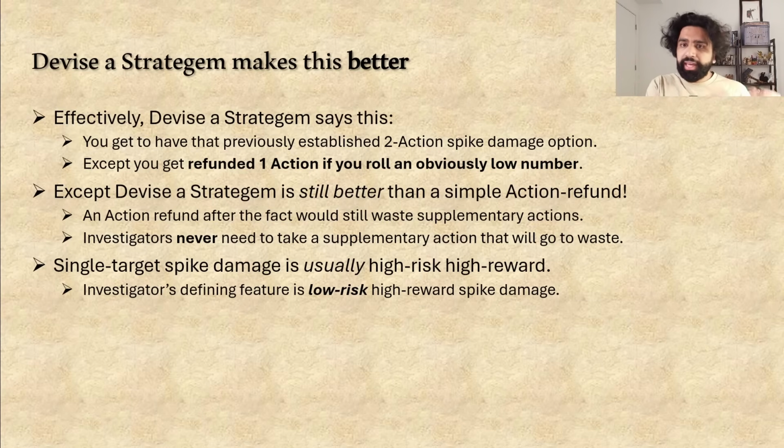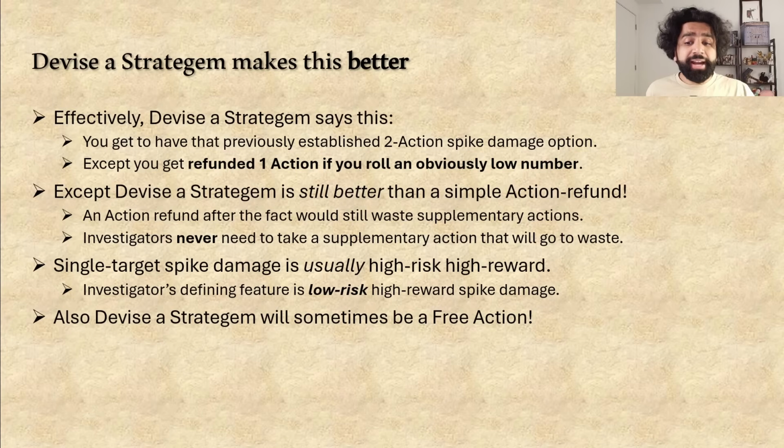Generally speaking, if you use 2 actions and miss, you simply miss. But the investigator will only have spent 1 action and thus have much more of their turn's value left, double what the others get to have, provided they don't make an attack against the same target. And of course, there is the factor that Devise a Stratagem will sometimes be a free action. Maybe it'll be a lot of times at your table.